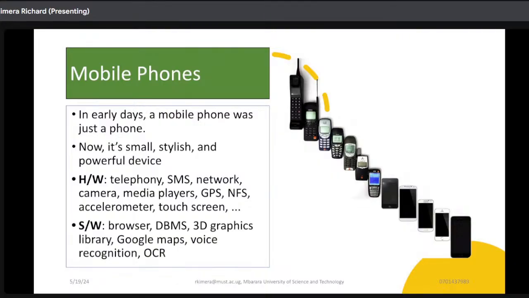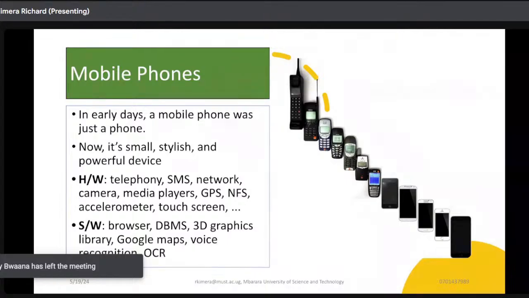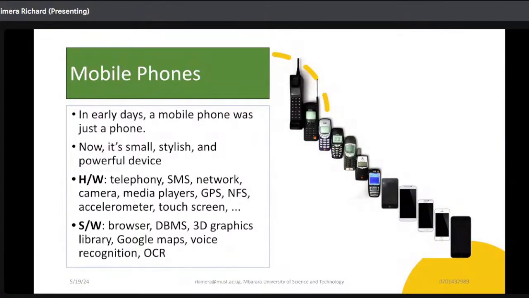So today, like I was saying, things are automated. But before, even these small ones, if you had that big one that looks like a briefcase, you would first call the operator and tell them, hey, I want to talk to Otim. Even Otim would have a similar phone somewhere in another location.